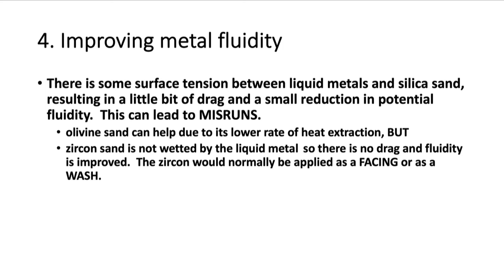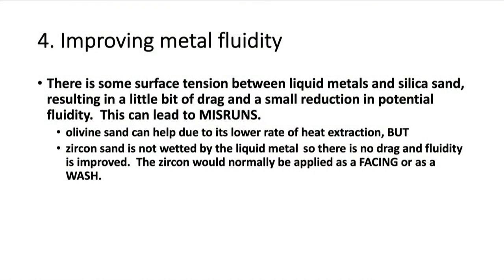If we use zircon, olivine, as we just said a second ago, doesn't transfer heat quite as fast, but zircon does a completely different thing. Zircon is not wetted, so in other words, the metal just kind of runs across the surface like you just waxed your car. So the metal runs across the surface, and it actually can flow farther because there's not friction between the mold and the molten metal.